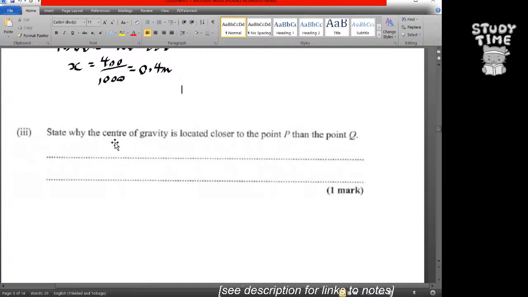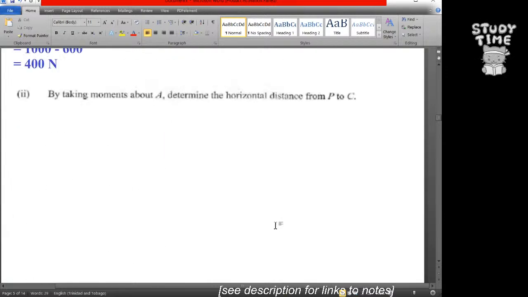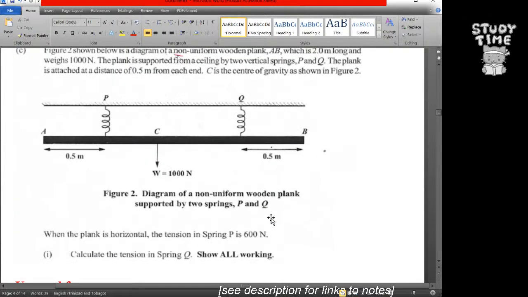State why the center of gravity is located closer to the point P than the point Q. Alright. Why is it located closer? Well, because there is more force here. You have a greater force on this spring than this one, and that's so you can reach equilibrium.